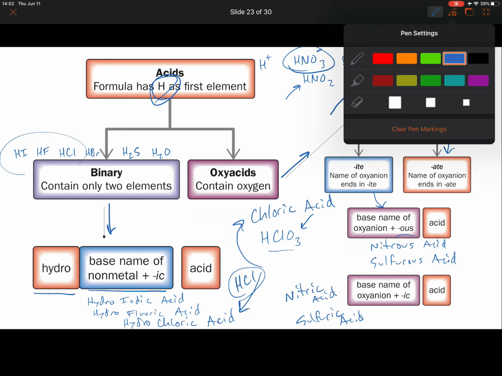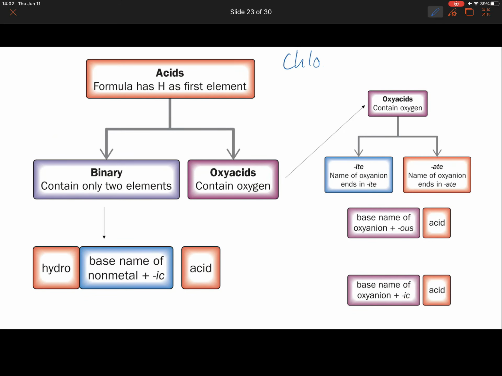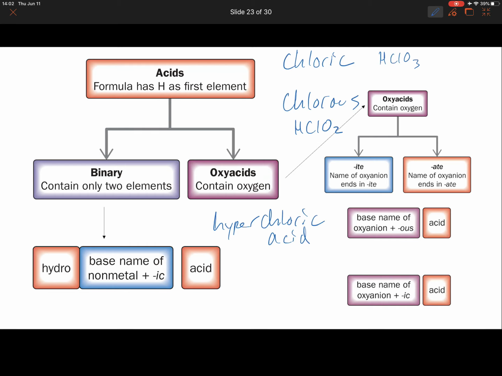Chloric acid versus chlorous acid versus perchloric acid. What'll look different? Chloric, chlorous, and perchloric. Then hypochlorous is the other one.